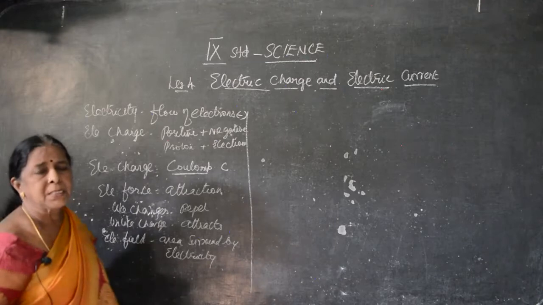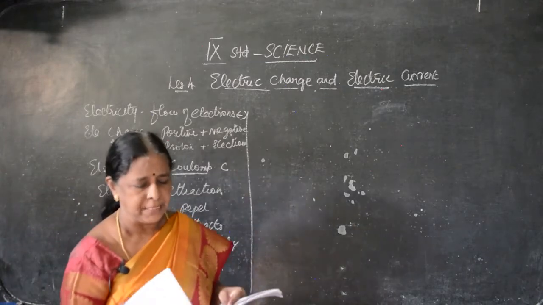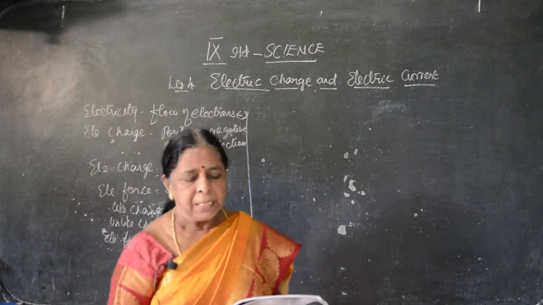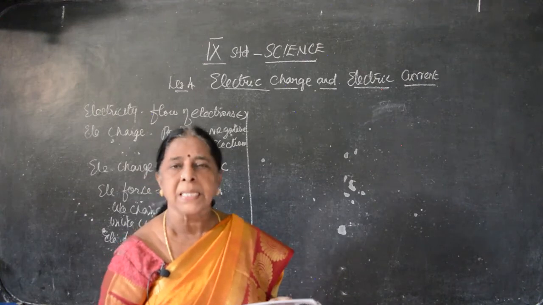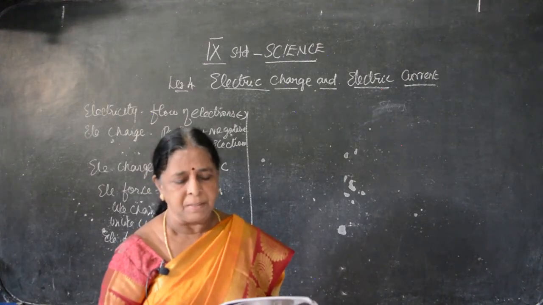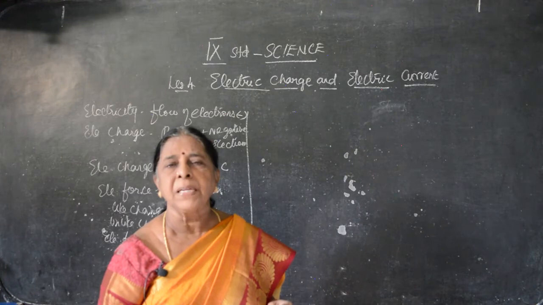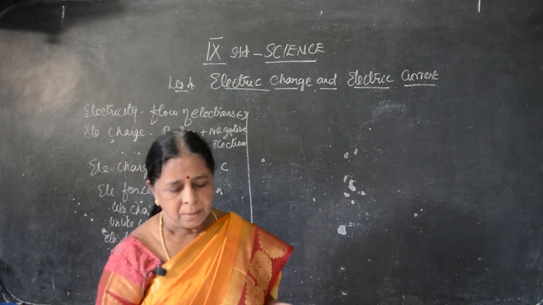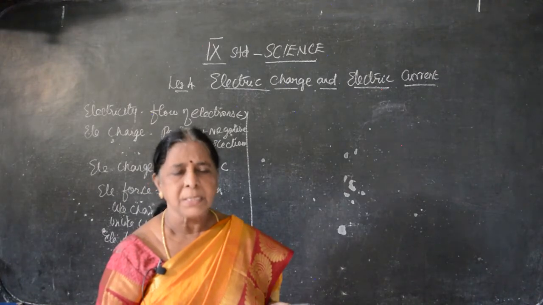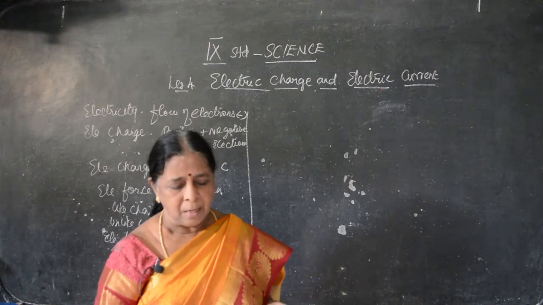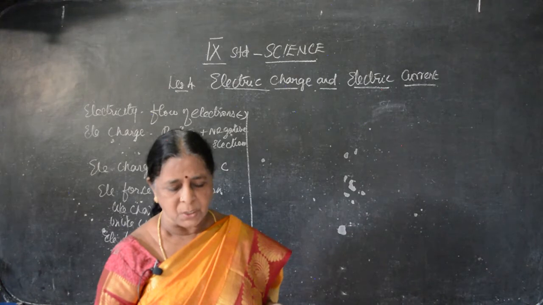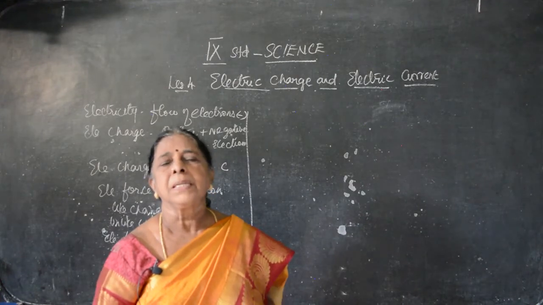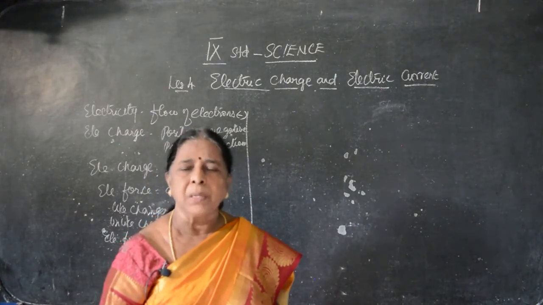So what are the things required to make the electric field? We'll see now. The region in which a charge experiences electric force forms the electric field around the charge. Electric field is otherwise represented by E. Okay. The electric lines of force are straight or curved paths along which a unit positive charge tends to move in the electric field. It may be curved or else a straight line.